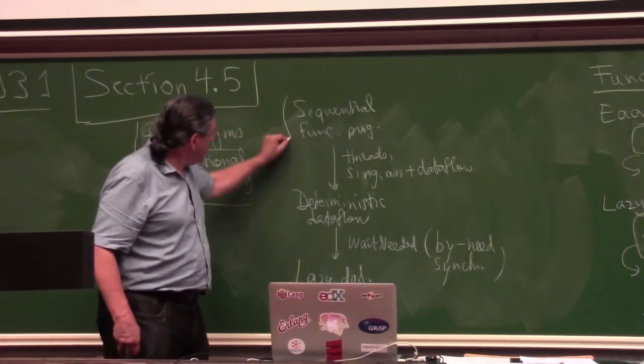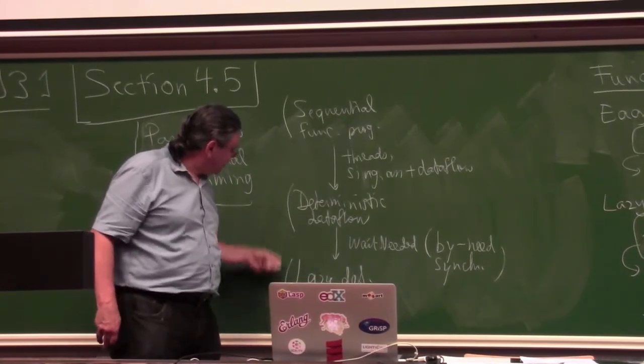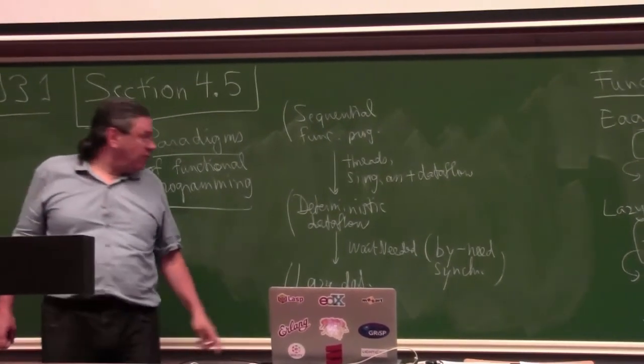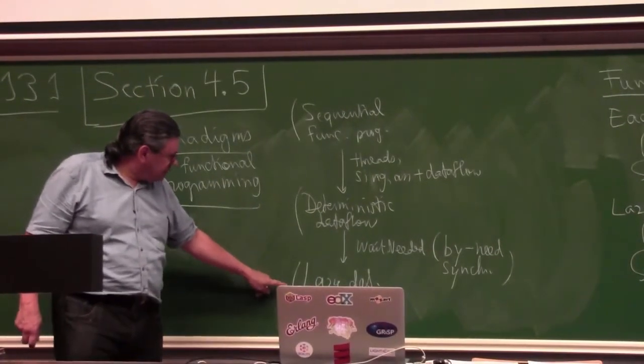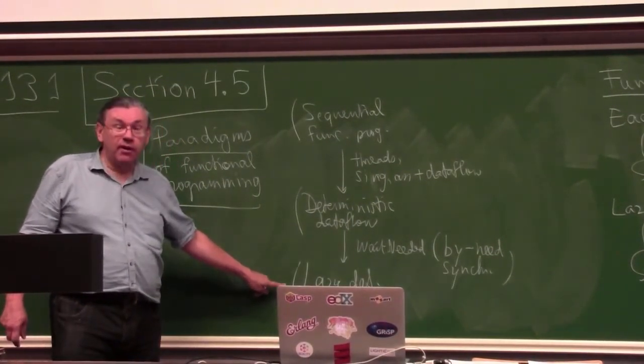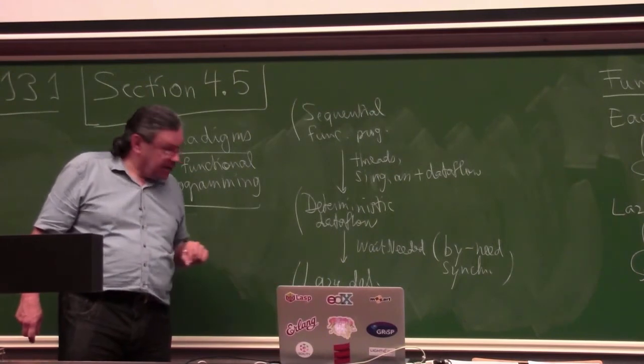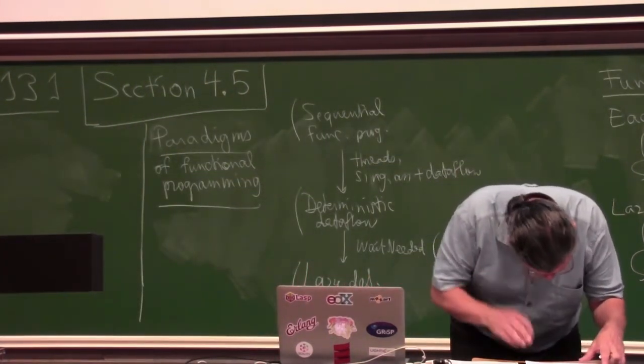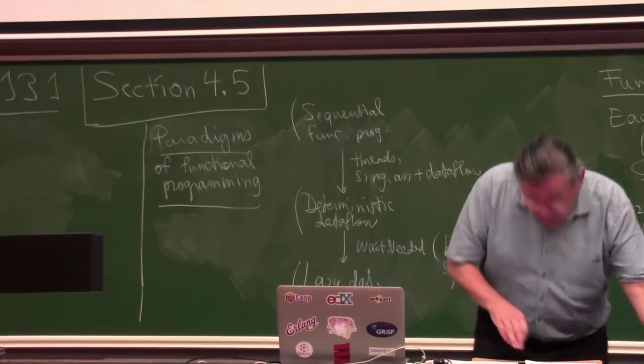So all three of these are declarative, and the lazy one is actually a very powerful model, and in a couple of weeks we're going to show some very interesting algorithms in lazy deterministic data flow.